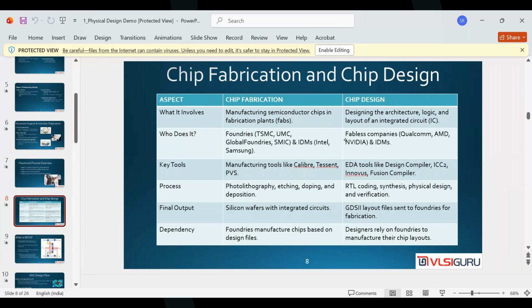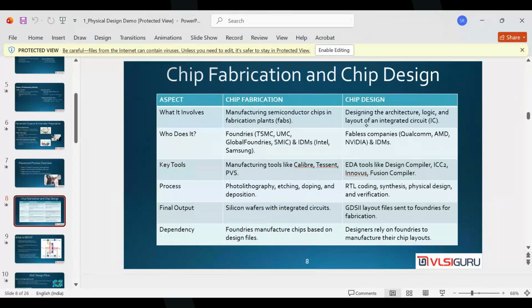First, any hardware design happens in an EDA tool, and it is designed by designers, or design engineers, right? So designing the architecture, logic, and ICs, all these are part of design, right? Who does it, in which companies?